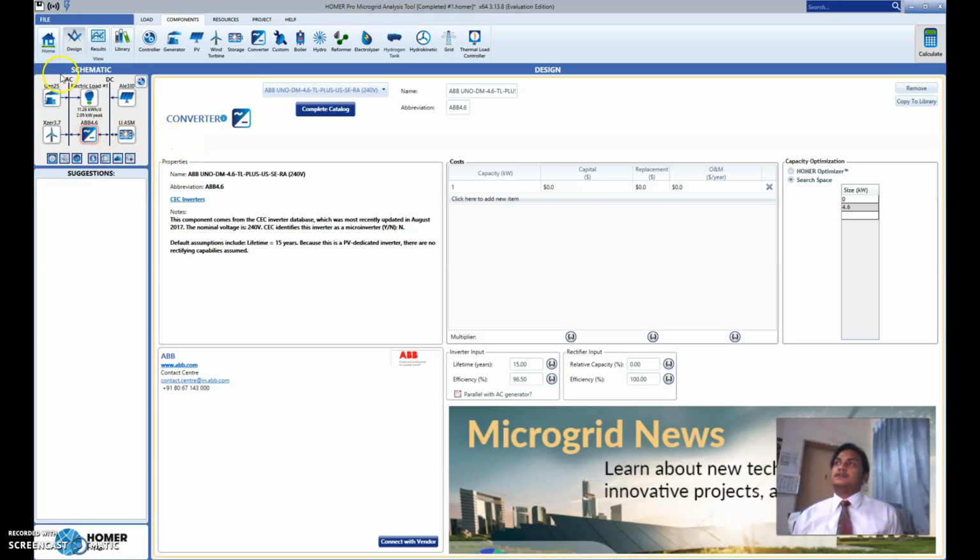Once we finish our schematic diagram on building the design, we select calculate.